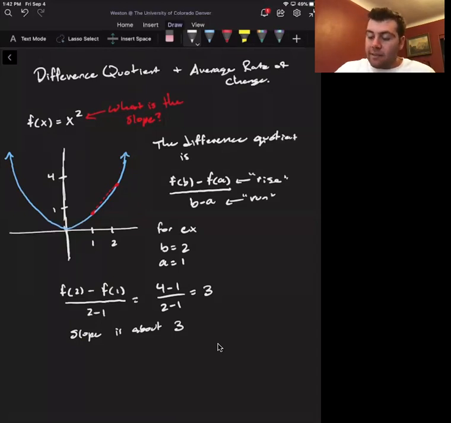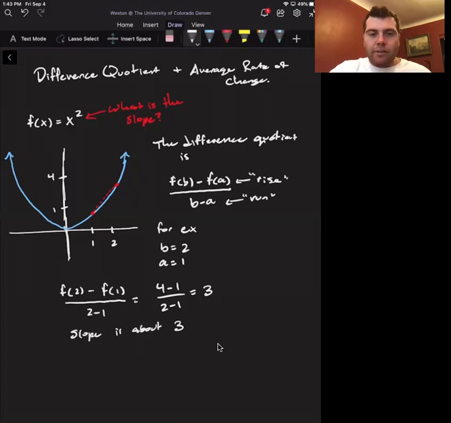In calculus, we take the idea of difference quotient and we push even further to talk about slope at a point, where we would look at a very small interval, instead of it being from 1 to 2, like 1 to 1.1 or 1 to 1.001.